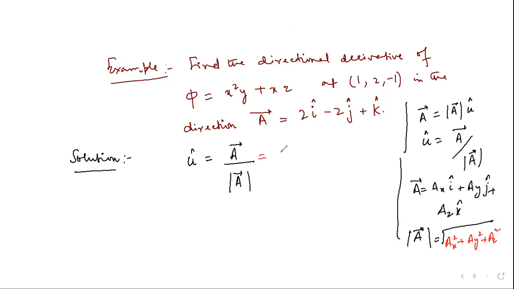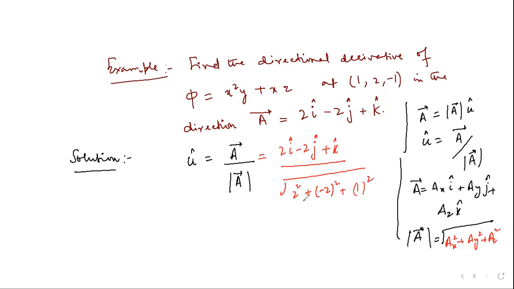So the vector is 2i minus 2j plus k divided by the magnitude of A: 2 square, its x component is 2, its y component is minus 2, its z component is 1.